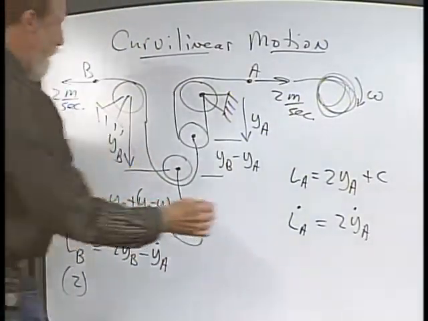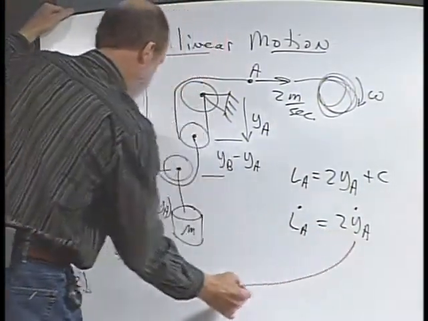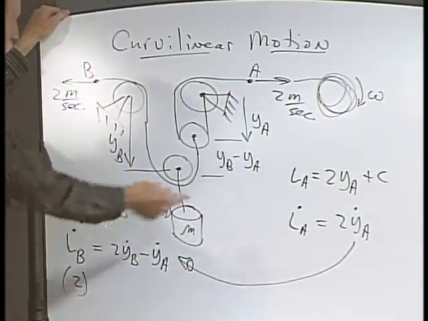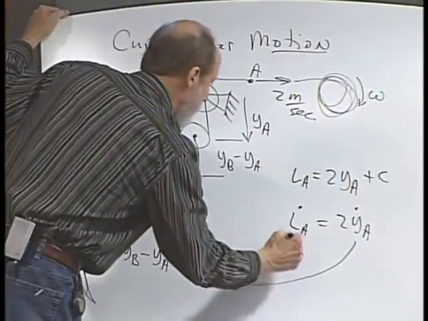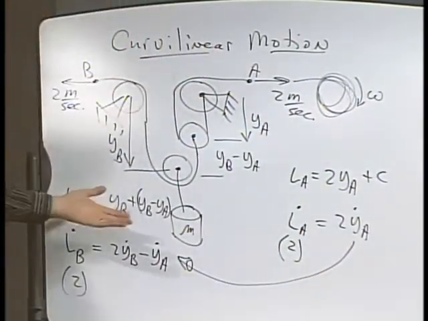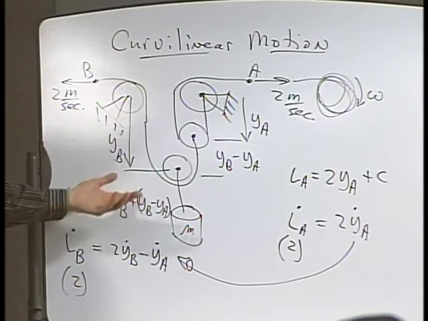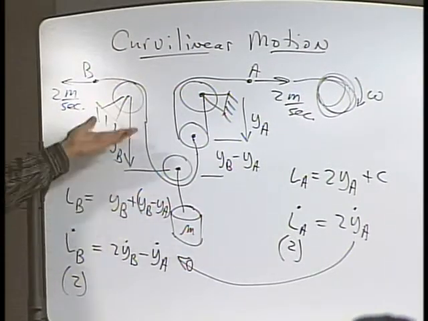And so then you can substitute for Y A dot back over into here, and then put your 2's in appropriately, and you should come up with an answer for Y B dot, which should be a negative 1.5.